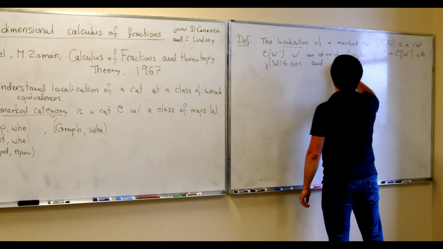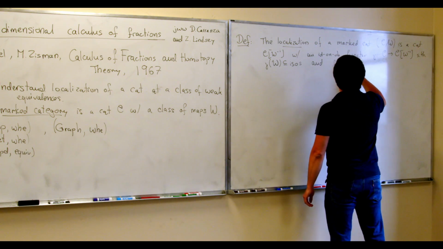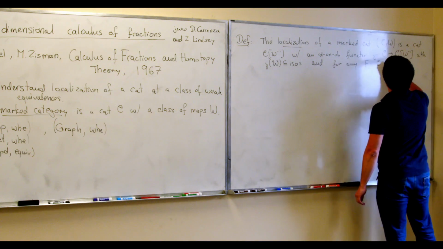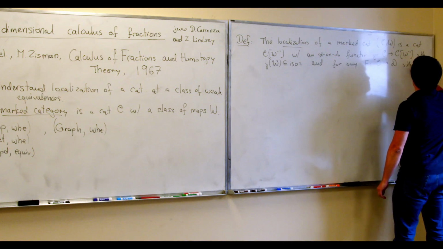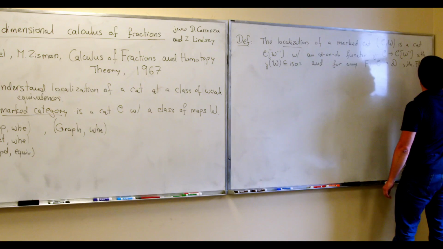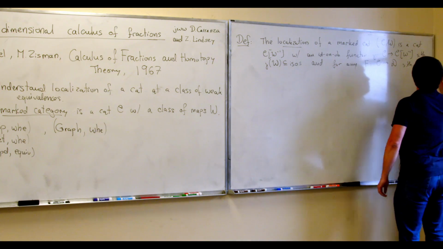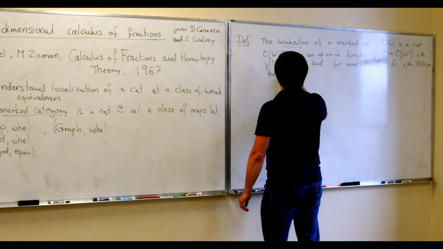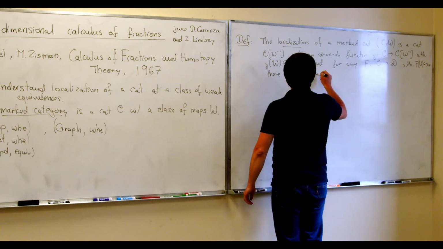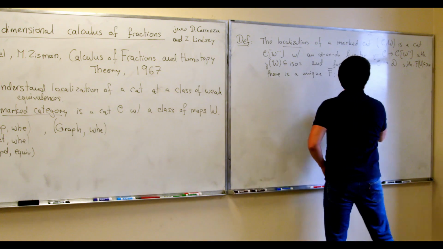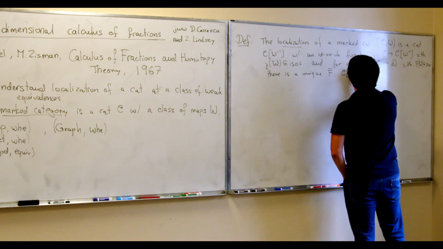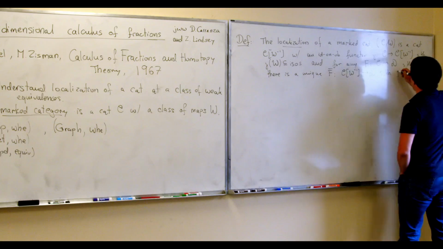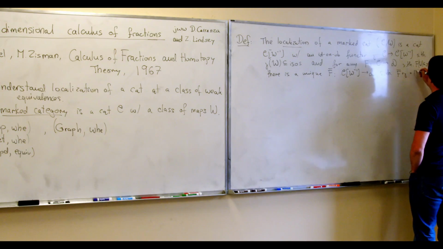And for any f from C to D such that f of W is contained in isos, there is a unique f bar from C W inverse to D such that f bar composed with gamma is f.